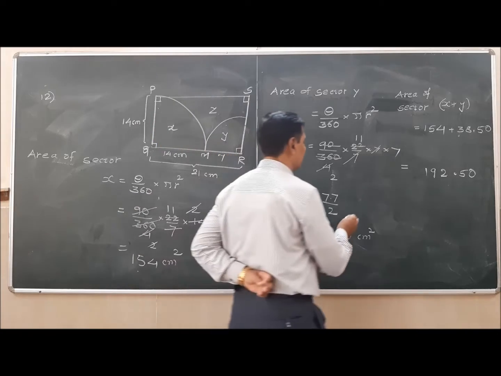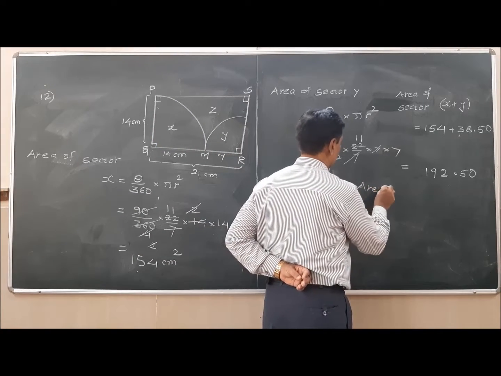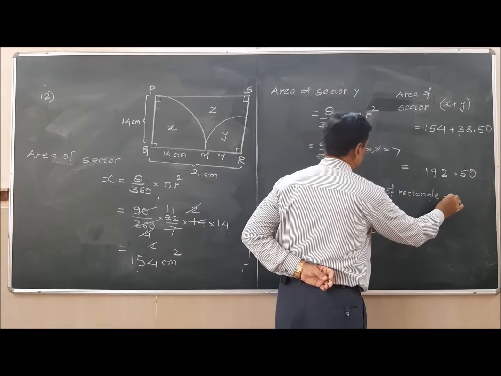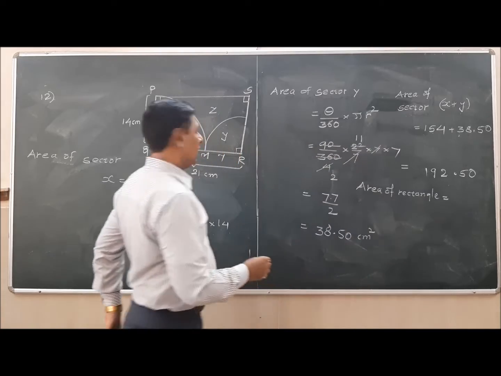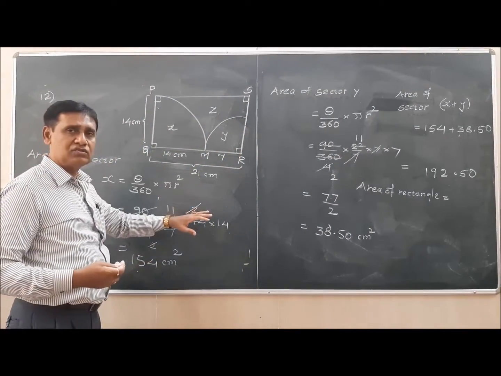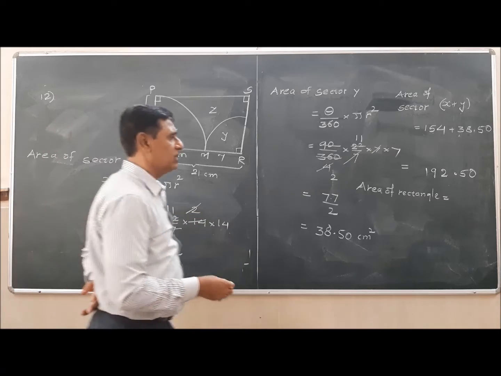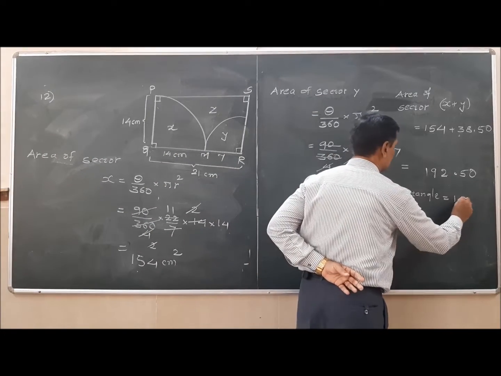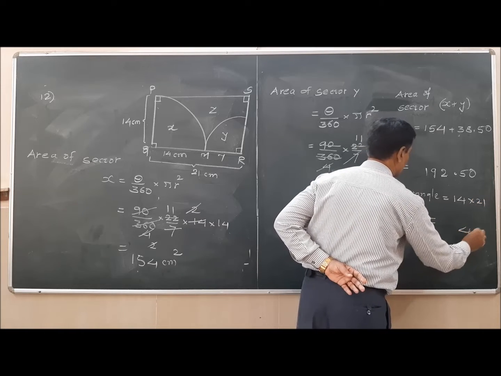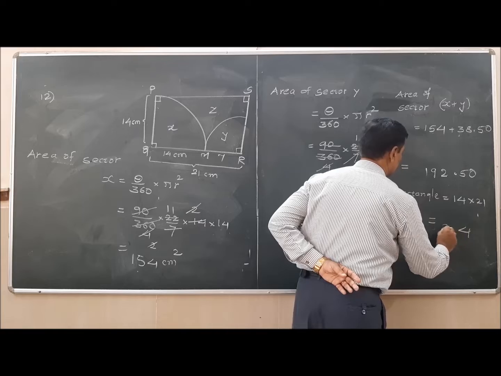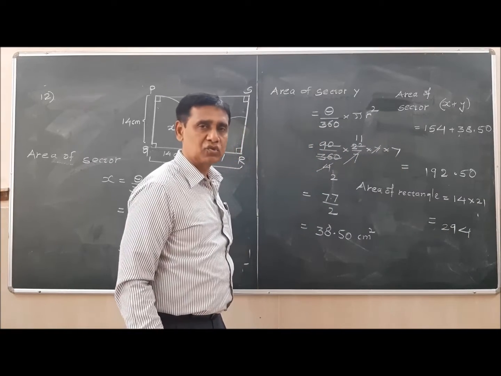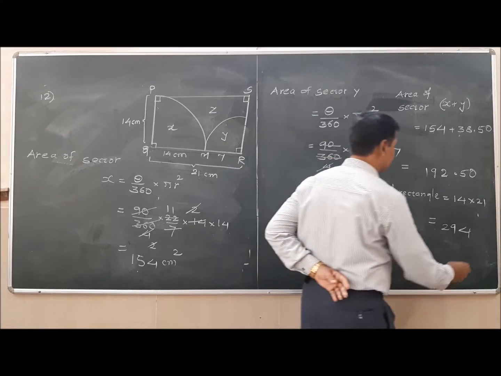Now area of rectangle is equal to length times breadth, which are 14 and 21. So 14 into 21 is equal to 294 centimeters square. That is the area of the rectangle.